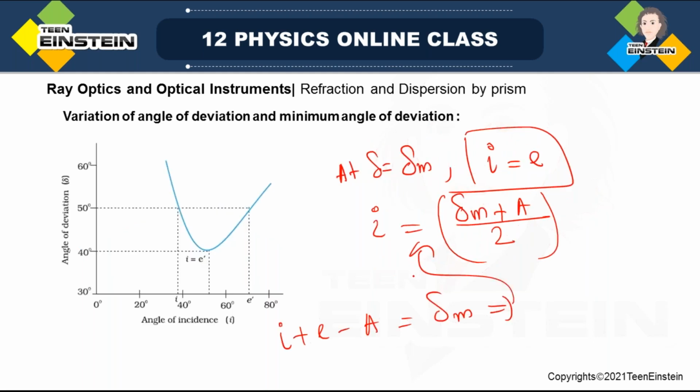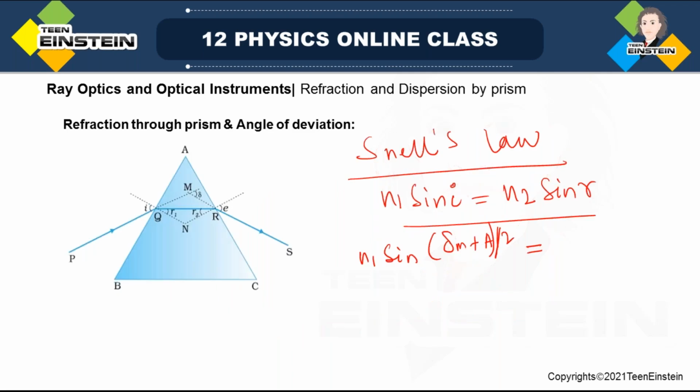Now I have to find out the angle of refraction. One more thing happens at the minimum angle of deviation. The light inside the prism becomes parallel to the base.